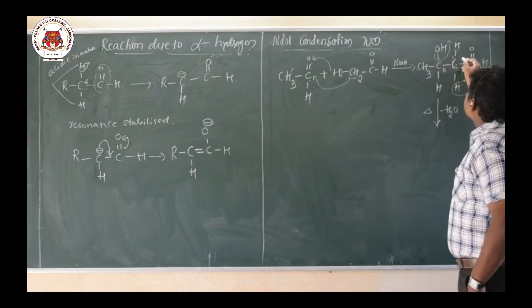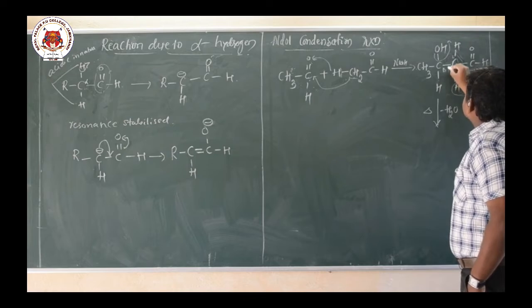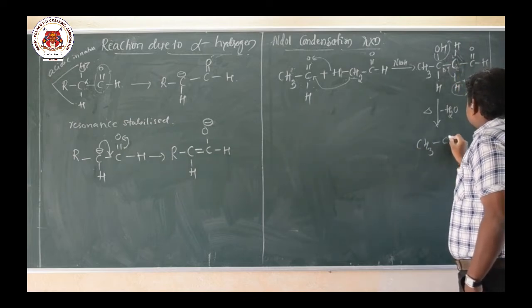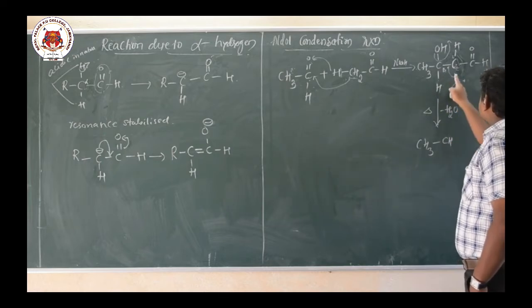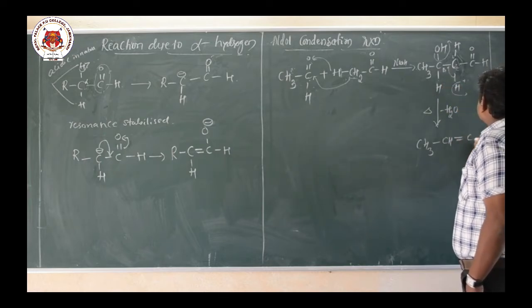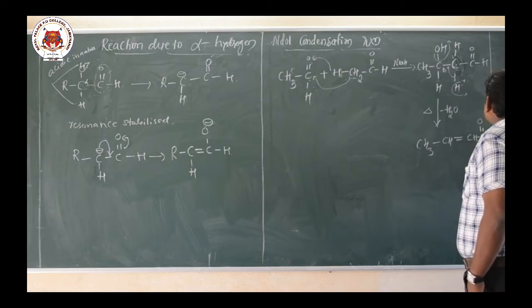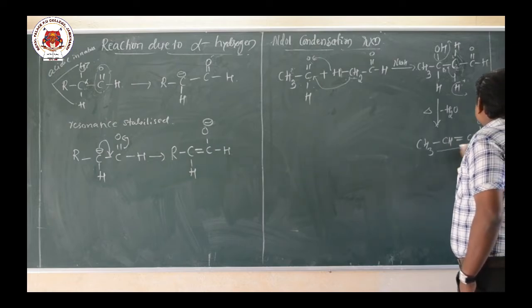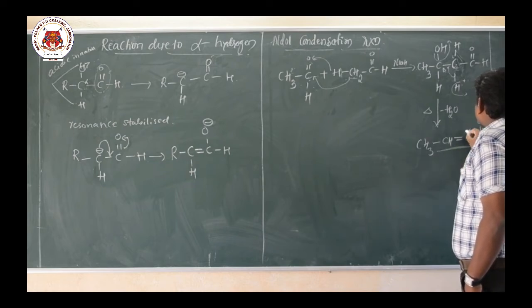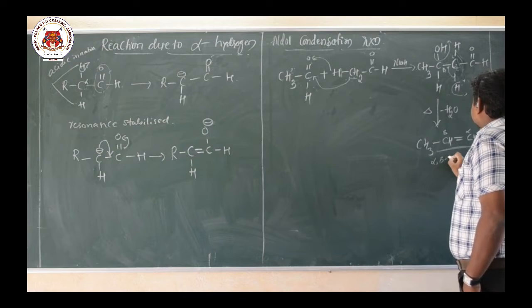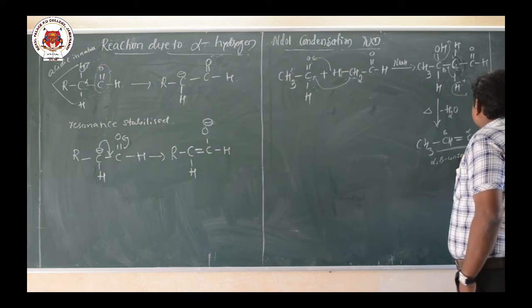Now this bond shifts here, the product is CH3 CH, this H as it is, double bond, then CH C double bond OH. So this carbon is alpha and this is beta, an alpha beta unsaturated compound.